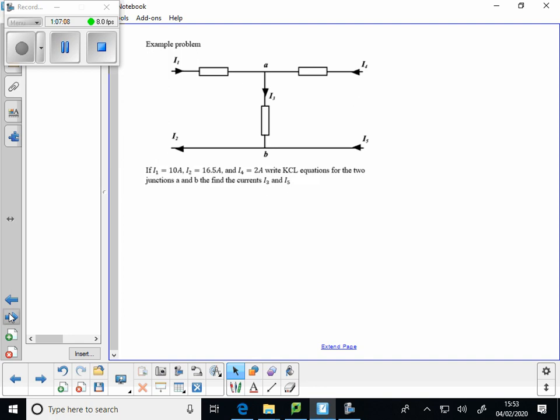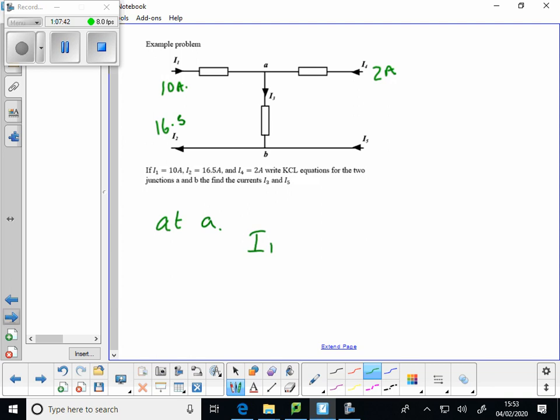I1 is 10 amps. I2 is 6.5. And I4 is 2 amps. Write your Kirchhoff's current equation for the two junctions A and B. So at A, what currents are going in?